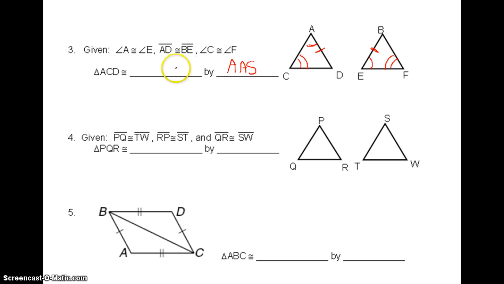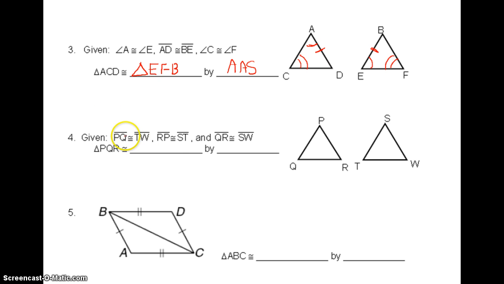One loop over here is angle E. So triangle E. And we've got C. C's got 2 loops on it, so the one with 2 loops on it is F. So EF. And then D has nothing, and that matches with B over here. So B goes right here. And that's a congruent statement for number 3.